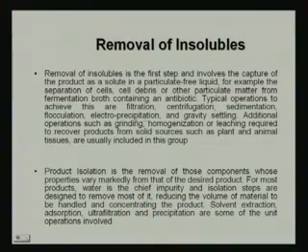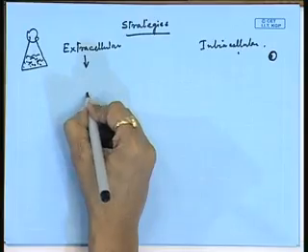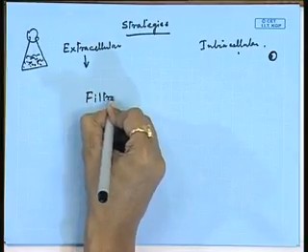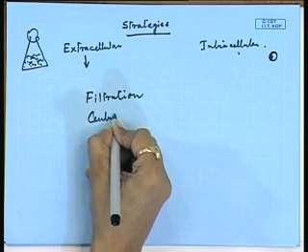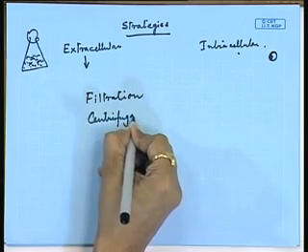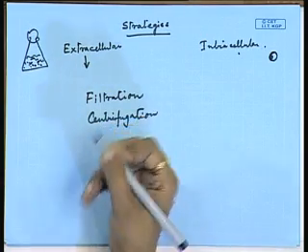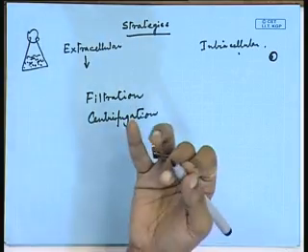So, first is the product isolation or the removal of the insolubles. So, what have we learned? From here we have learned that we can use filtration, we can use centrifugation, or we can go for any other precipitating technique.